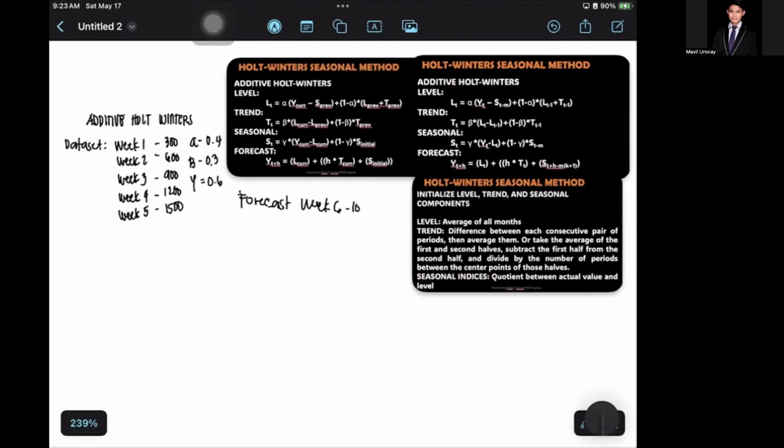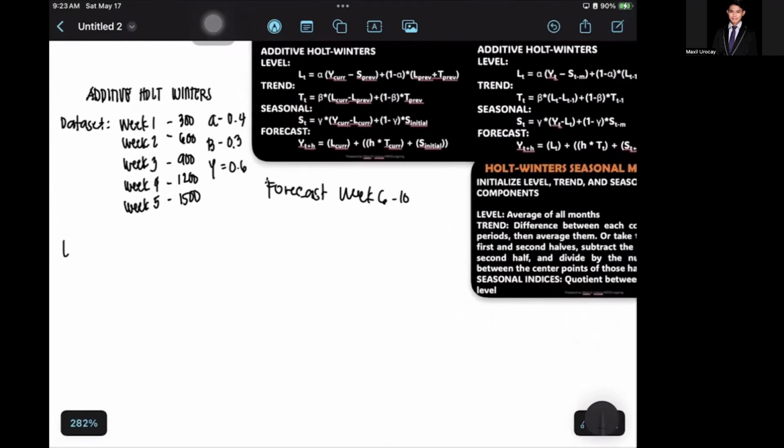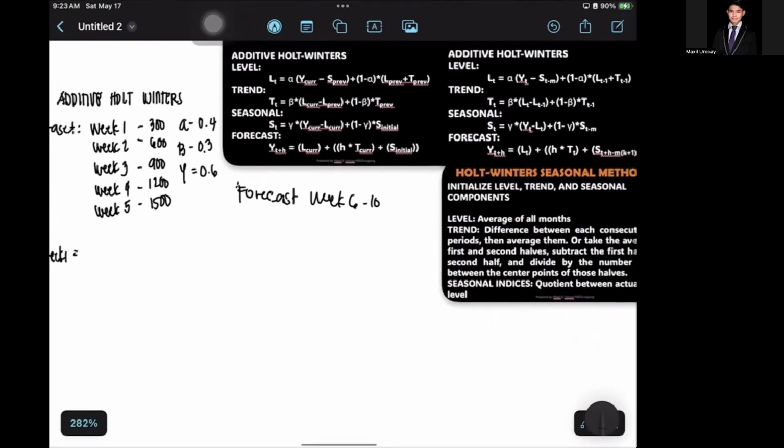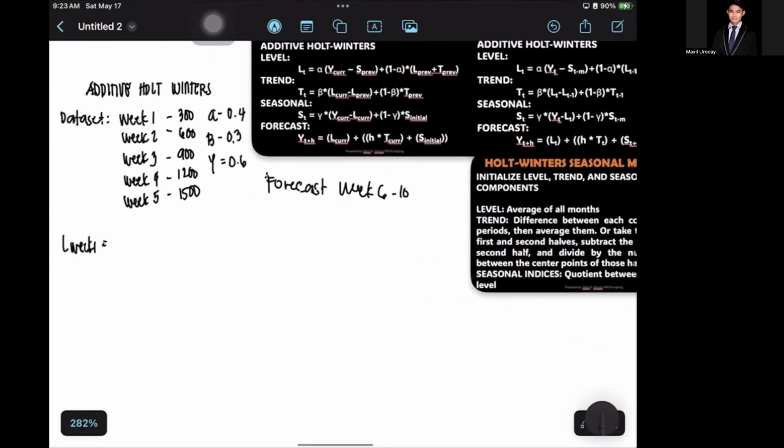So for the level, that is, okay, level of week 1. The level of week 1, that is here the average of all months. So you have to average all the months. So 300 plus 600 plus 900 plus 1,200 plus 1,500. How many data points do you have?